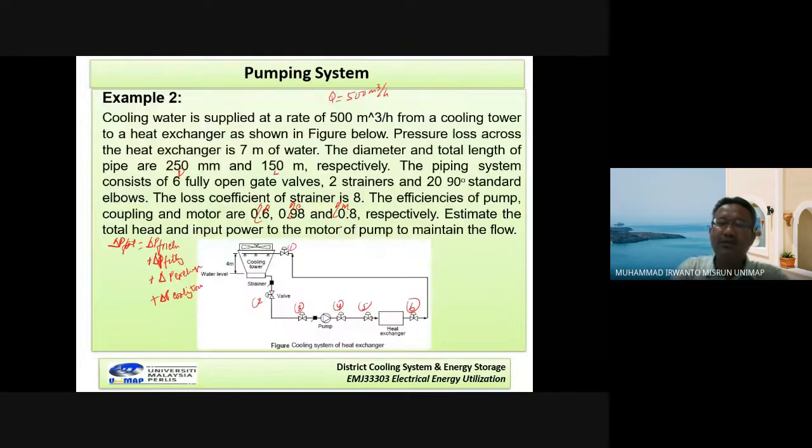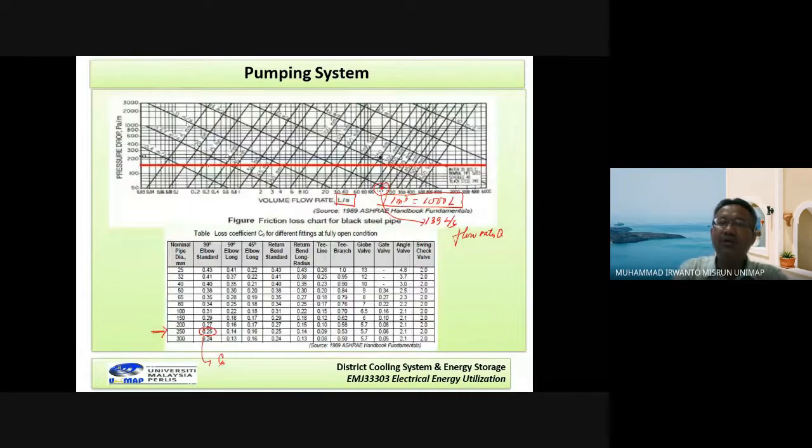Because our inner diameter of the pipe is 250 millimeter, we look for 250 millimeter for the inner diameter. This one is 200 and this one is 250.